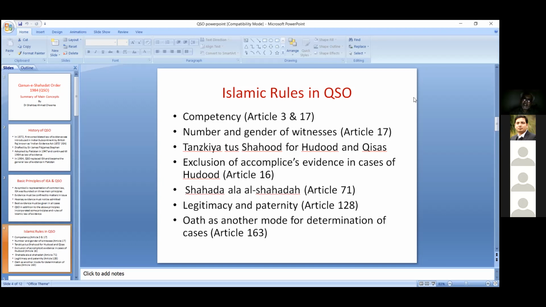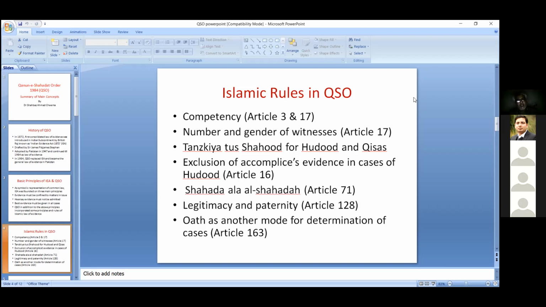And this caution is generally followed because of the fact that a severe penalty is going to be inflicted upon them. That's why their competency as a witness must be beyond any doubt. Not only competent, they should be adil witnesses.